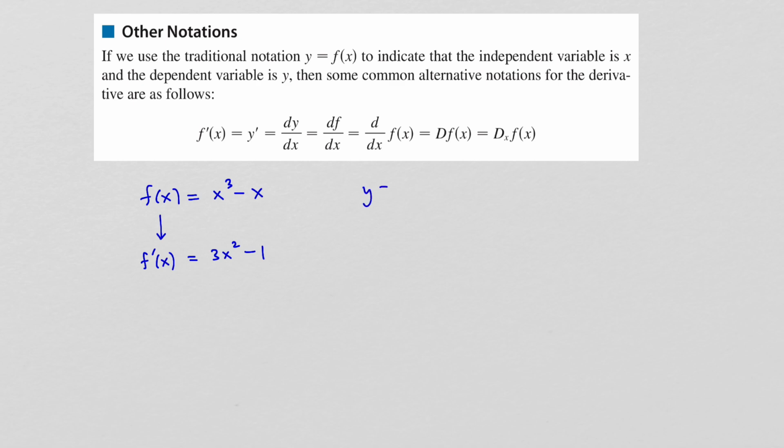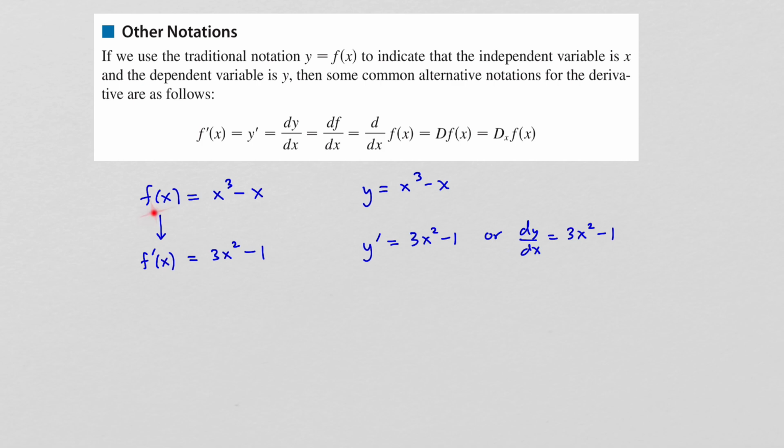But if my original notation was y equals x cubed minus x, it would not be appropriate here to call the derivative f prime of x, because the original function is not named as f of x. So in this case, it would be appropriate to say y prime equals 3x squared minus 1, or you could say dy dx is equal to 3x squared minus 1. So what you want to do is match your derivative notation to the notation of your original function.